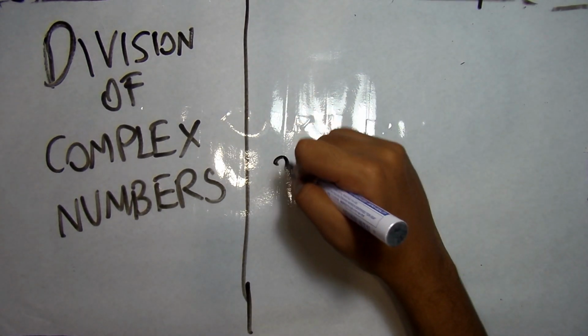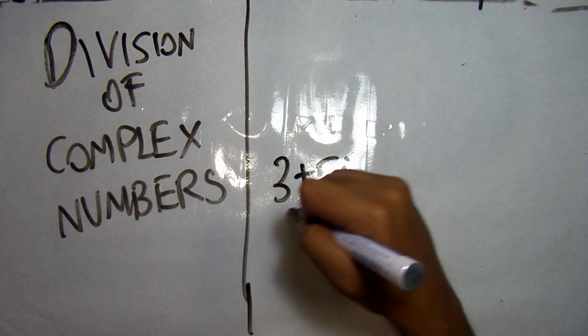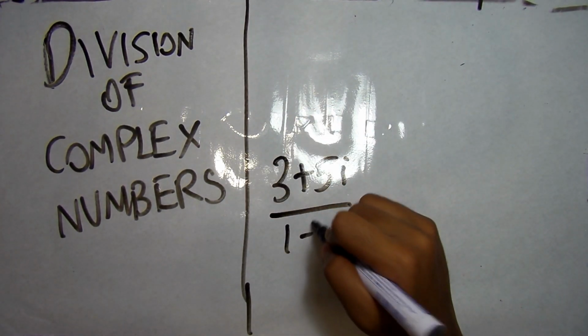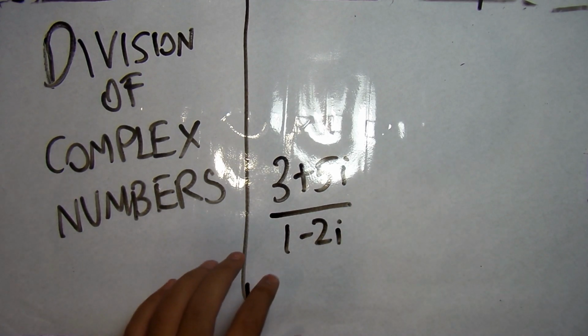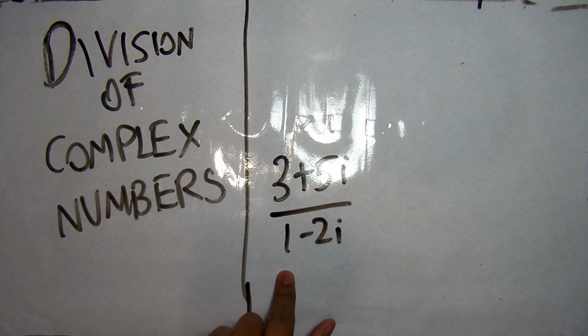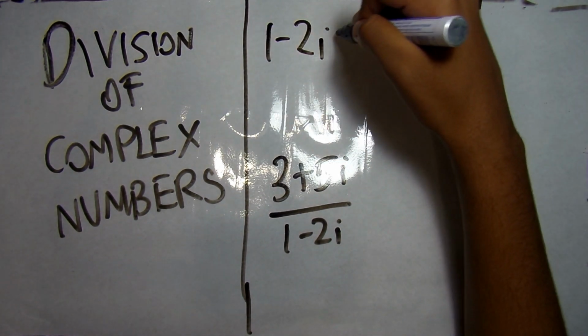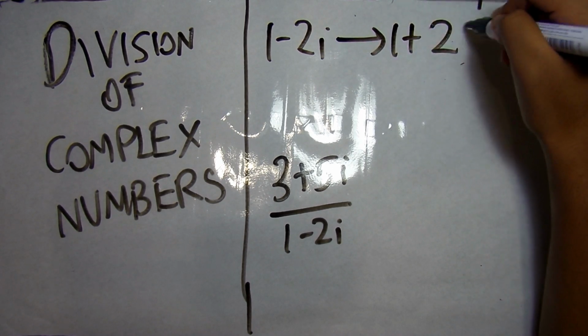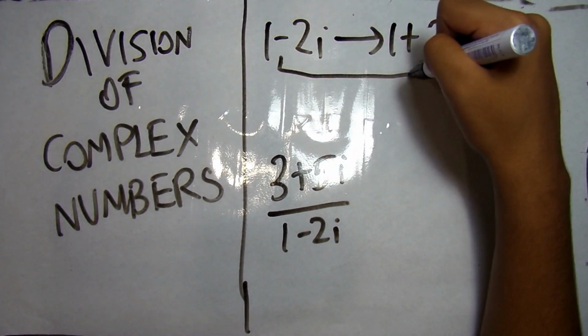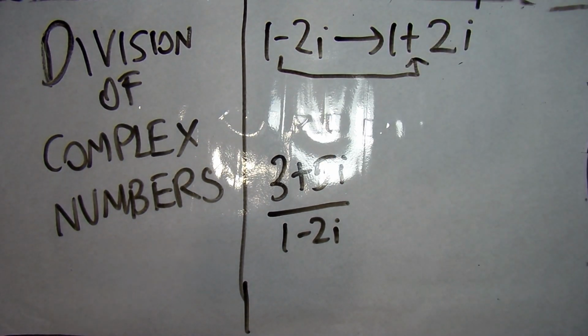So for example, when we have the expression (3 plus 5i) over (1 minus 2i), first we have to identify the complex conjugate of 1 minus 2i. The complex conjugate of 1 minus 2i is 1 plus 2i. The sign in between is switched to a positive.